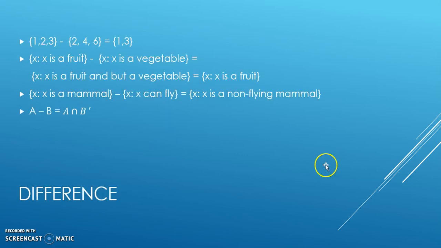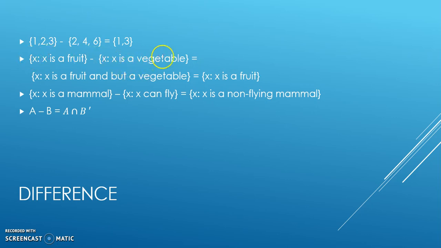Okay, so set difference is our last one. Set difference are the things that are in the first, but not in the second. So we remove from the first the intersection. So between 1, 2, 3, and again 2, 4, 6, the intersection was 2. So that gets removed from the first set, leaving you only with the 1 and the 3.